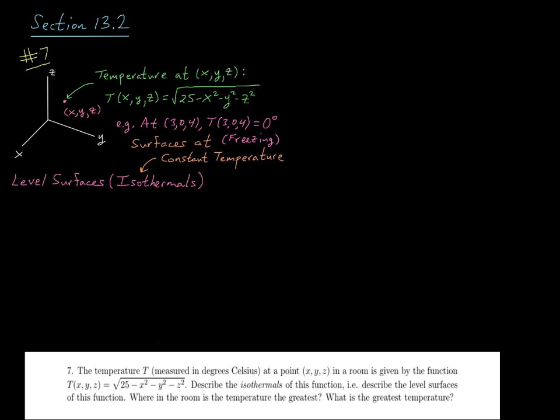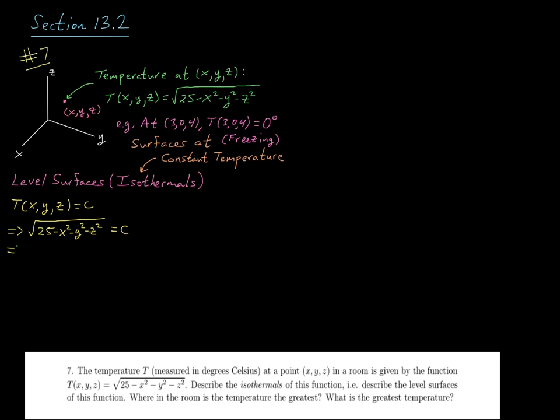And we can go ahead and do this in exactly the same way we do for functions of 2 variables. We're just going to set our temperature function equal to a constant, which in this problem would translate to the statement that the square root of 25 minus x squared minus y squared minus z squared is equal to c.